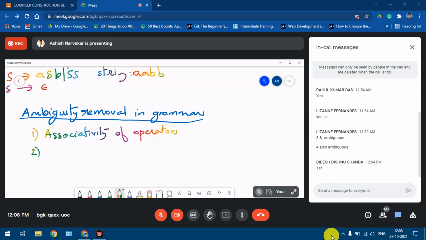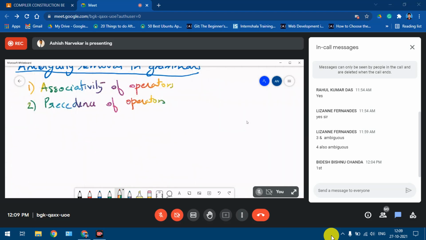I believe all of us know this by now, right? If there are operators of the same precedence, then we need to consider the associativity of those operators. Secondly, we need to consider the precedence of operators. These are two factors that we have to consider while we go ahead with ambiguity removal, also called conversion of an ambiguous to an unambiguous grammar.